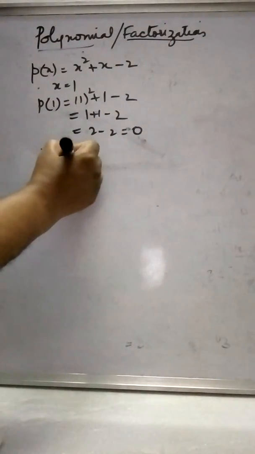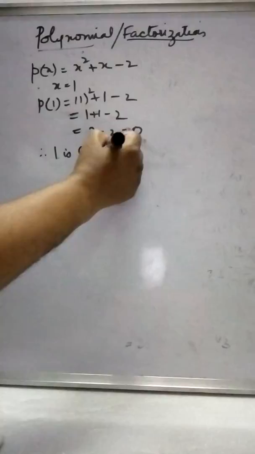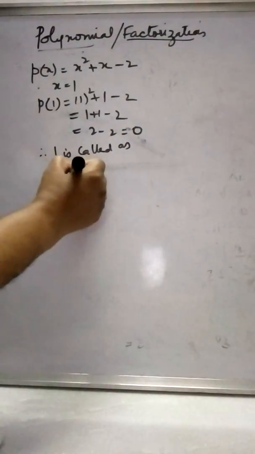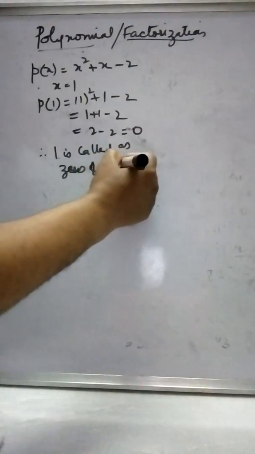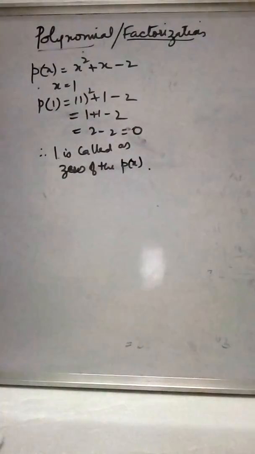Therefore 1 is called a zero of the polynomial p of x. Or when we substitute and we do not get 0, for example p of 1 is equal to 4, that is just the value of the polynomial.